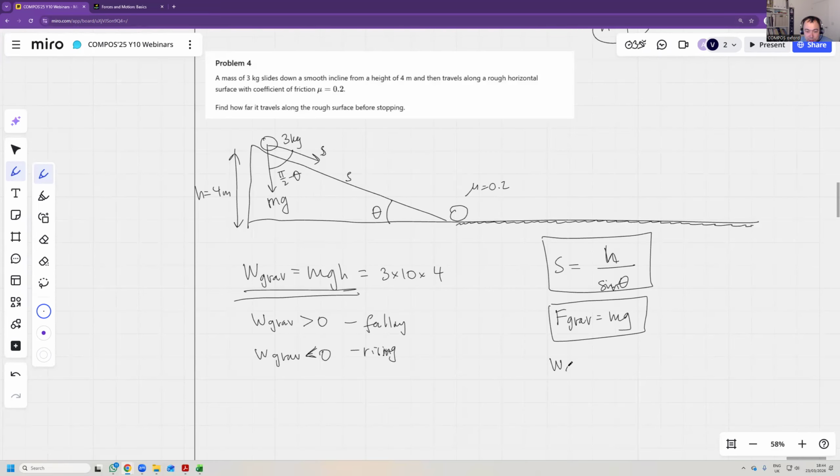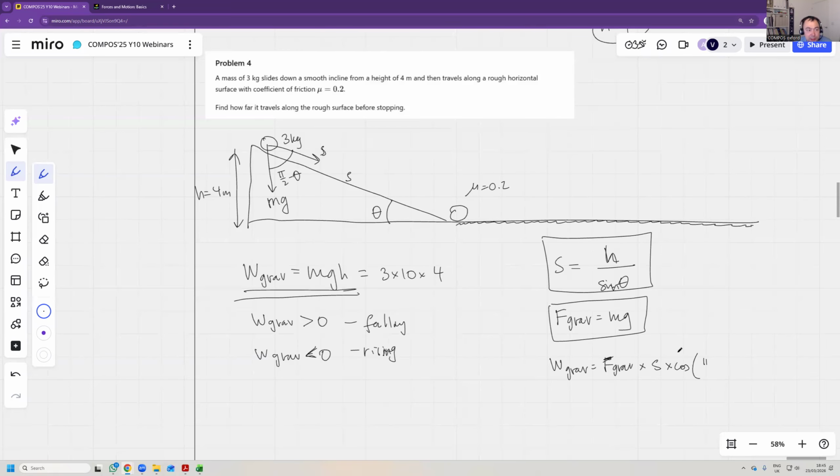So work done by gravity is the force of gravity, mg, times the distance, times the cosine of the angle between them.